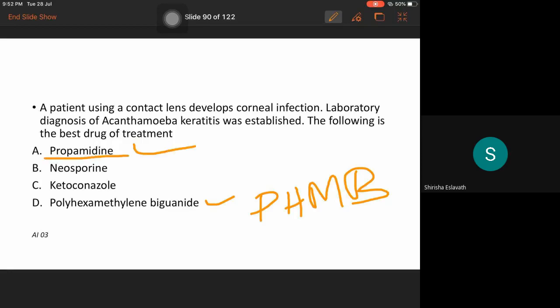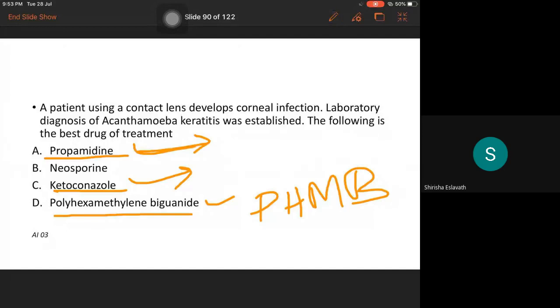Ketoconazole is an oral medication. More superior than oral medication, always in ophthalmology you should use topical eye drops. When you get an option like this, where 3 options are correct: propamidine, ketoconazole, and PHMB, all 3 are correct, but you should know which one is most important.